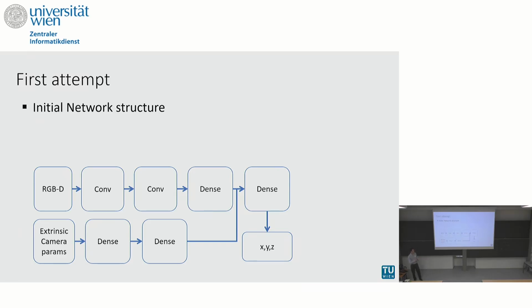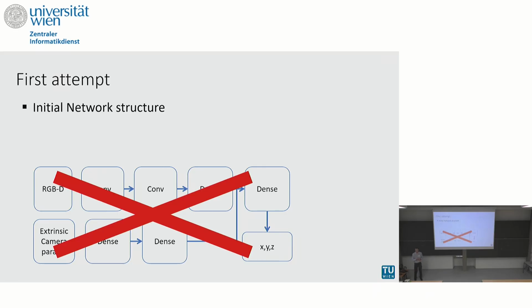Then again have some dense layers here, combine these two data, and then get the final vector of the light, so basically an x, y, z vector in the global coordinate frame. And of course this one failed. The reason was that to estimate this kind of vector in the global coordinate frame, having the extrinsic camera parameters was too complicated for the network, and the optimization simply couldn't find the correct gradient to optimize it.